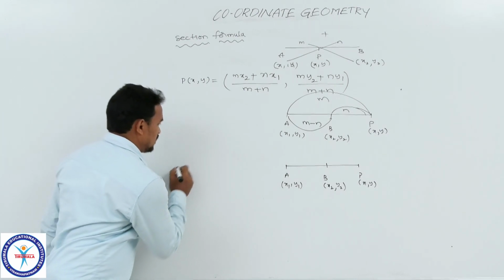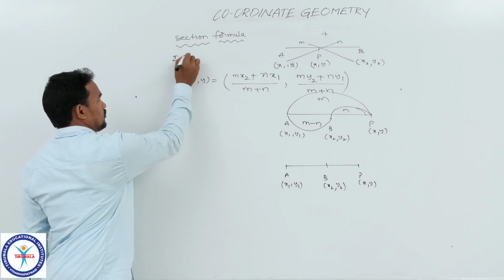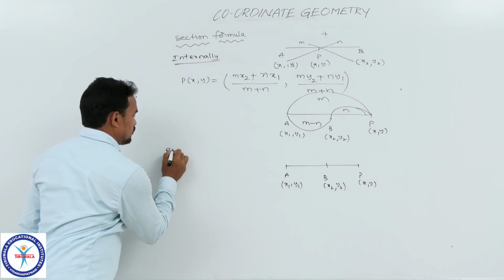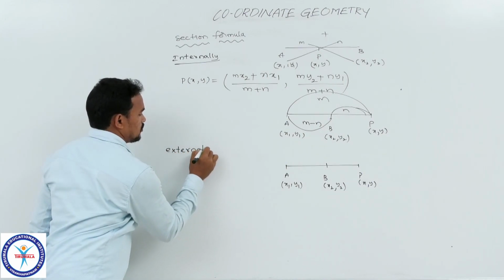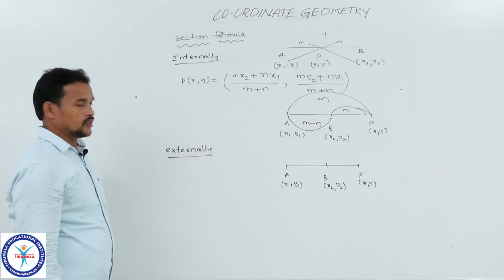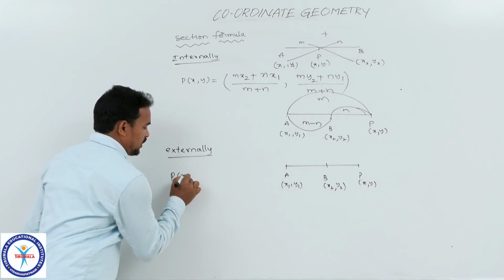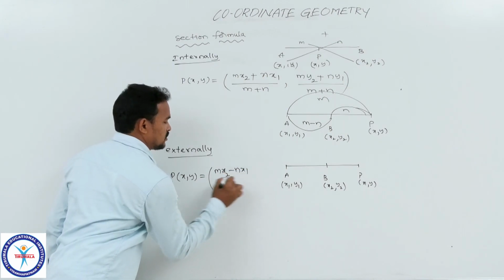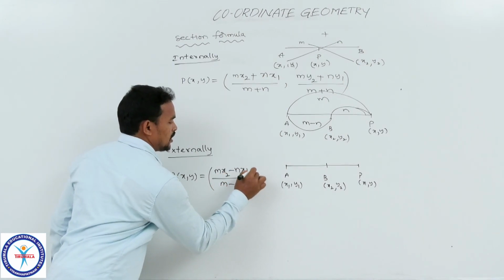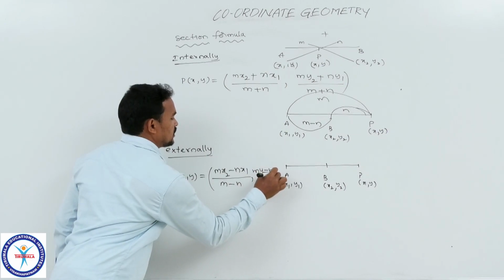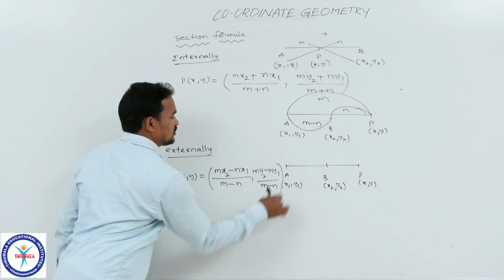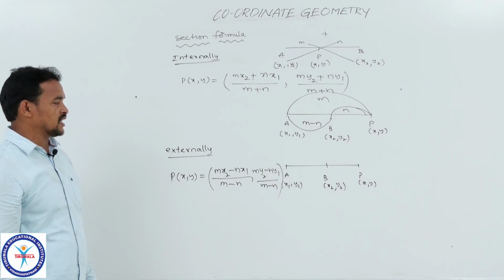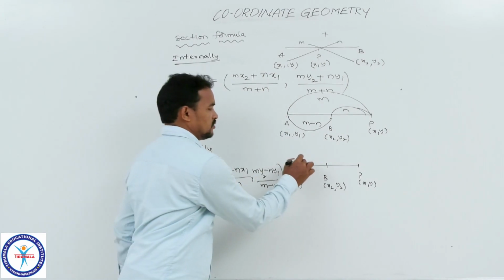Here P of x comma y, it is internally, it is externally. In the external case, P's coordinates x comma y are mx2 minus nx1 by m minus n, comma my2 minus ny1 by m minus n. These are the coordinates of the point P of x comma y when P divides the line segment AB externally in the ratio m is to n.